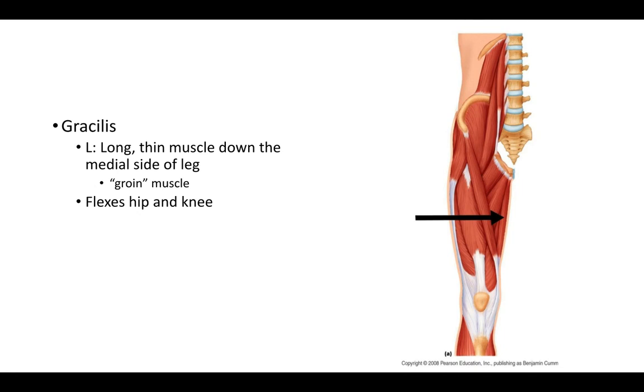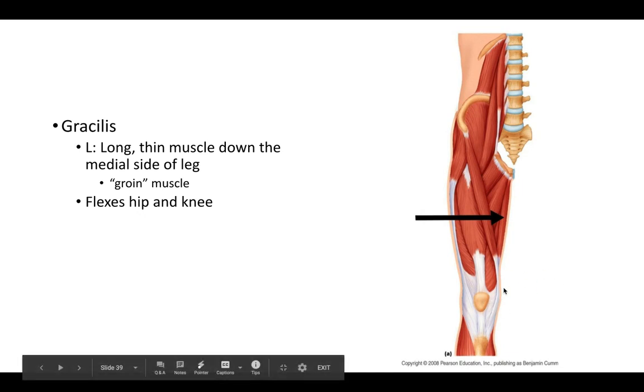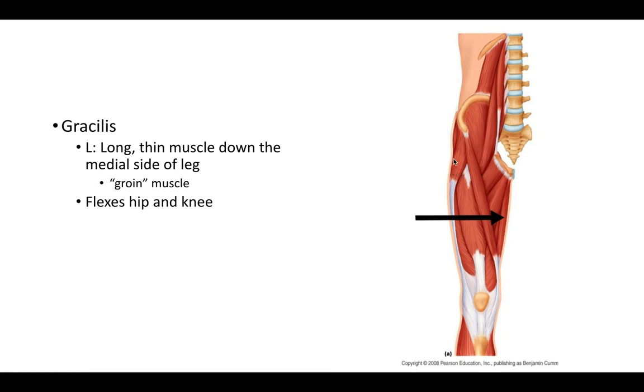So remember, flexion means that we are decreasing the angle, right? When we flex that knee, we are decreasing the angle at that joint. If we flex our leg or our hip, we are bringing it back in towards the body. So adduction is another term that helps us to see exactly what mechanism is occurring related to the hip.